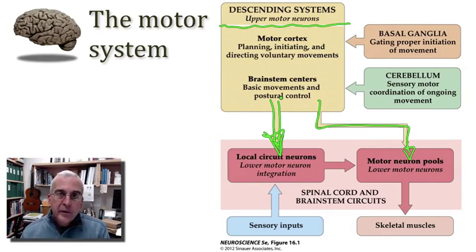Now, when we're thinking of movement, we are often thinking about voluntary movement that we consider and that we actually express through active will. When we are thinking about voluntary movement, you should be thinking about activities that are planned, that are coordinated, that are initiated at the level of the motor cortex. The motor cortex is the posterior part of the frontal lobe where our executive functions are integrating sensory and emotion and mnemonic signals and devising plans for the production of behavior.